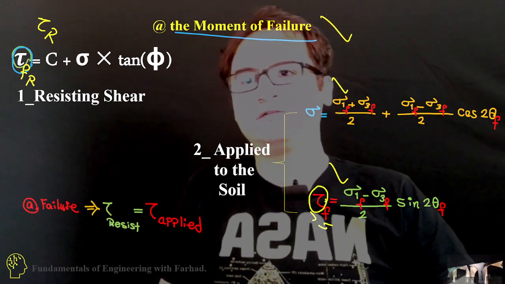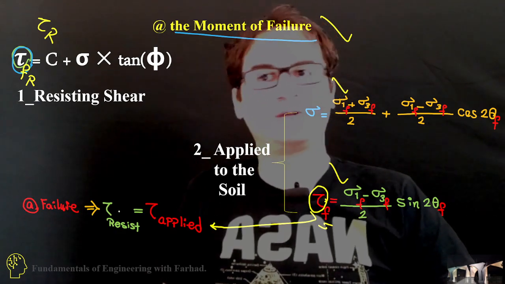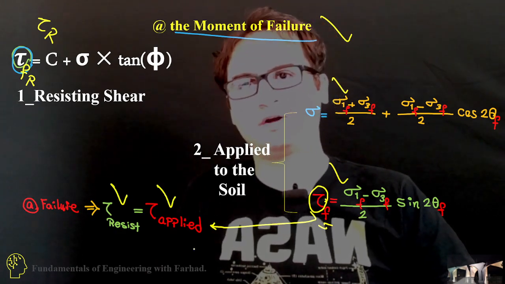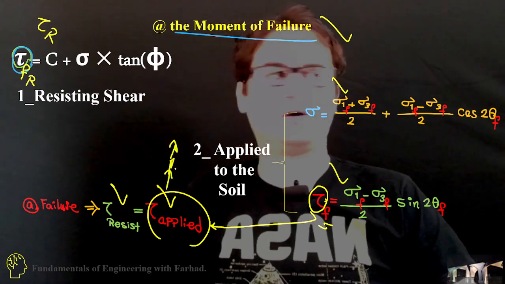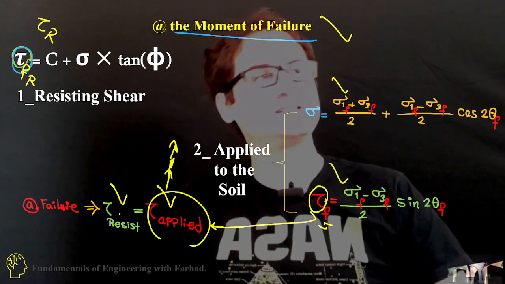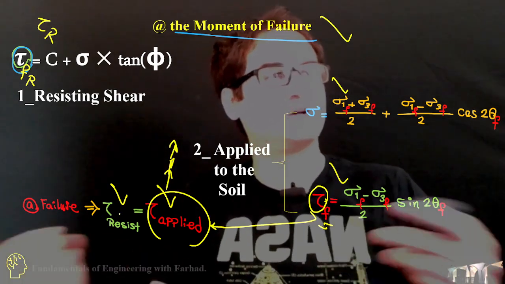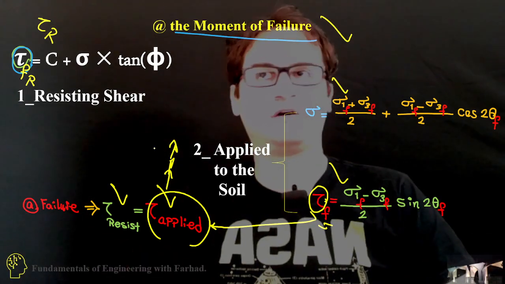So all things move to failure. At failure, we know that the resisting is equal to the applied. The applied shear keeps increasing and increasing, and all of a sudden reaches the resisting shear. As soon as they are equal to each other, that's the threshold of failure.